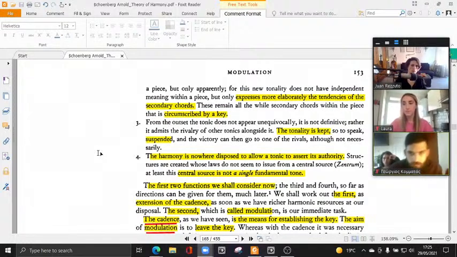So, this is a harmony that we are not going to see until very late in the book. Actually, he says that. The first two functions we shall consider now, the third and fourth, so far as directions can begin for them, much later. Yes, it's because that's when the authority of the tonic starts to dilute so much.